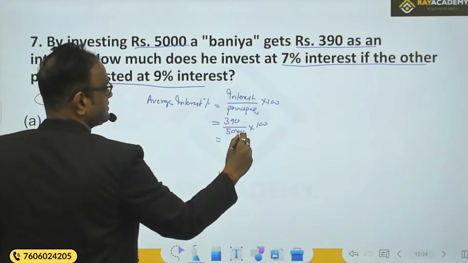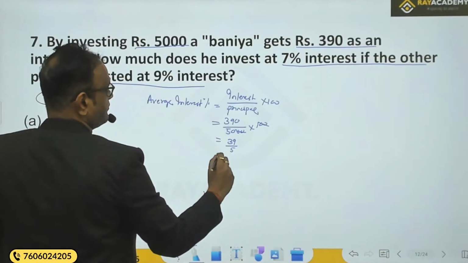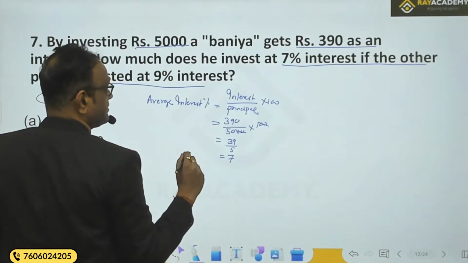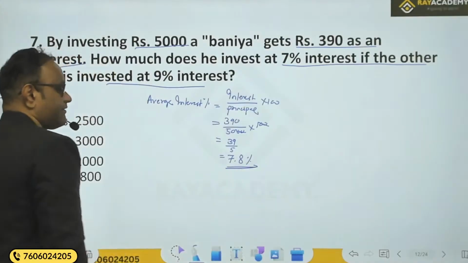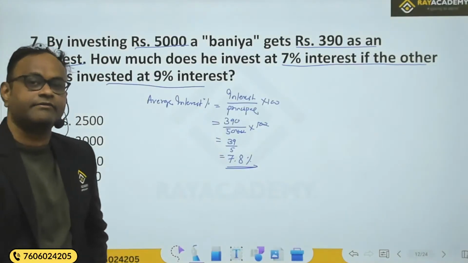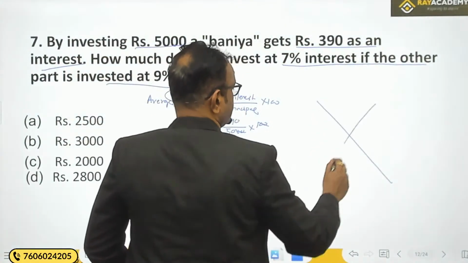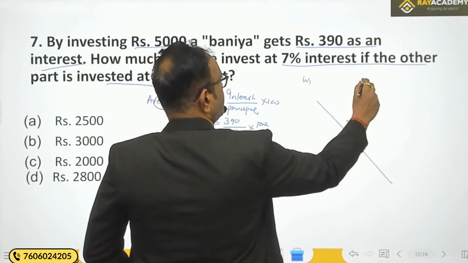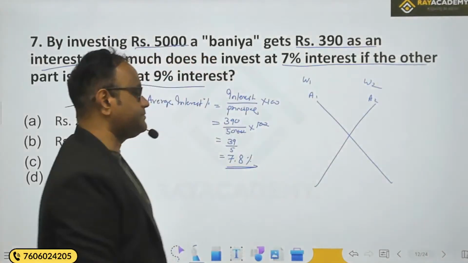I can calculate this: cancel a 0, so 39 by 5, that is 7.8% interest. So the average interest they have indirectly given is 7.8. Now you can go to the alligation method. W1, W2, A1, A2, and this is A.